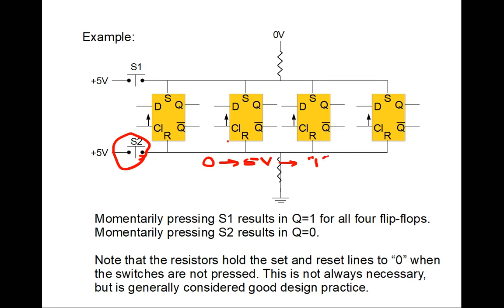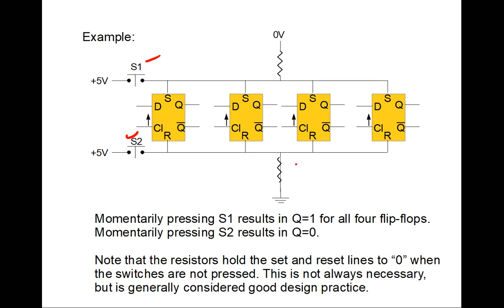And then we reset all 4 flip-flops, and that means all 4 flip-flops would stay at a 0. Okay, so we would use this mechanism to initially set or reset the flip-flop. So if we want to set all flip-flops to 1, we press switch S1. If we want to set all the flip-flops to a 0 state, we press the switch S2.